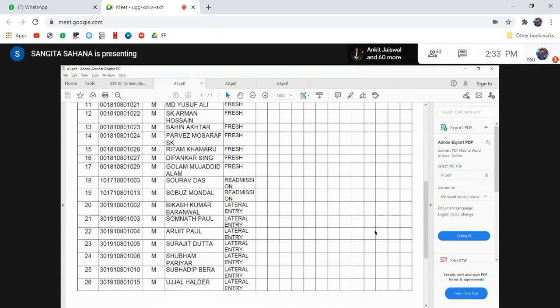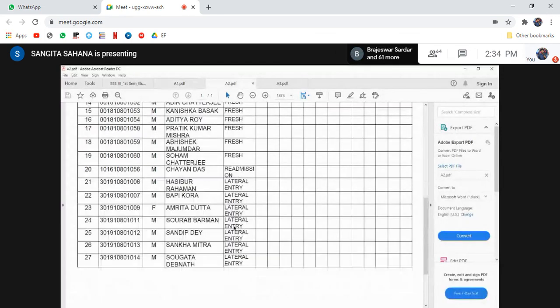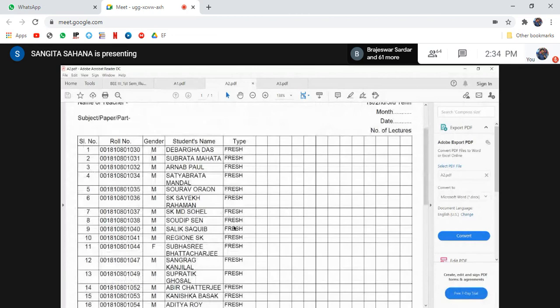Yes, ma'am. 1004 Arijit. 5 Rajit. Present, ma'am. 8 Shubham. 10 Subhadeep. Yes, ma'am. 15 Ujjwal. Yes, ma'am. 30 Debargho.